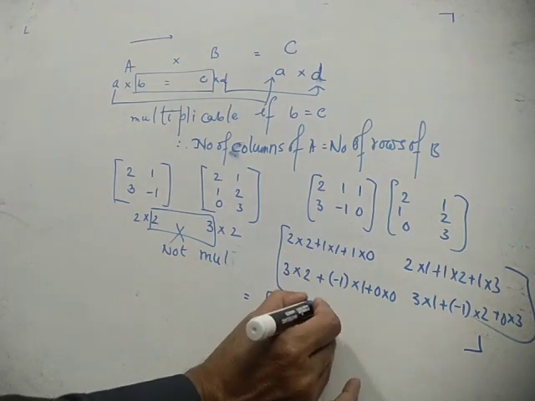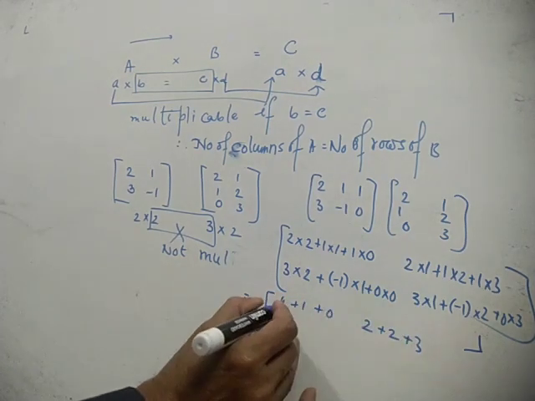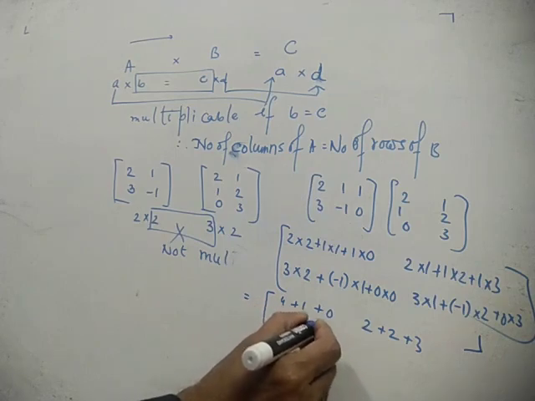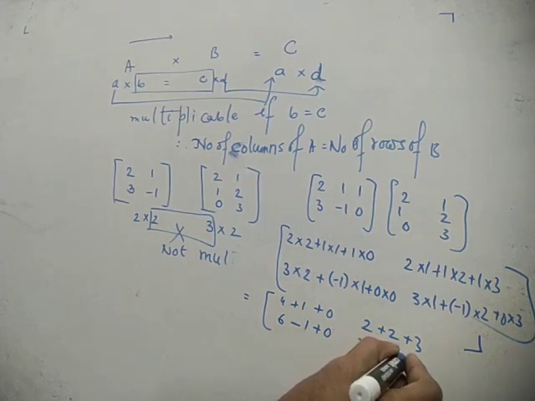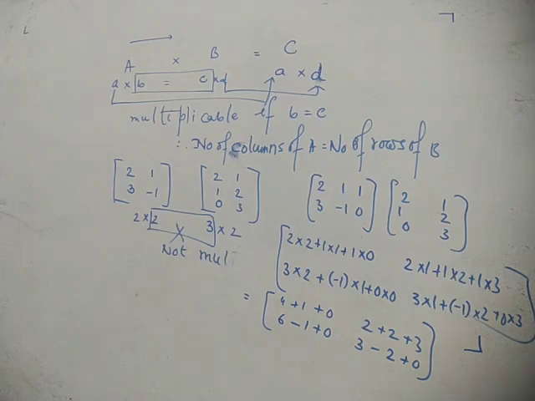4 plus 1 plus 0, 2 plus 2 plus 3, 6, second row. Now 6 minus 1 plus 0, last element 3 minus 2 plus 0. Now this is the answer.